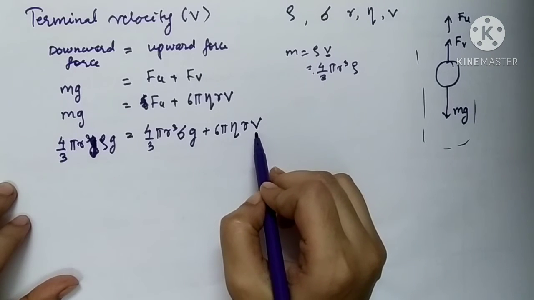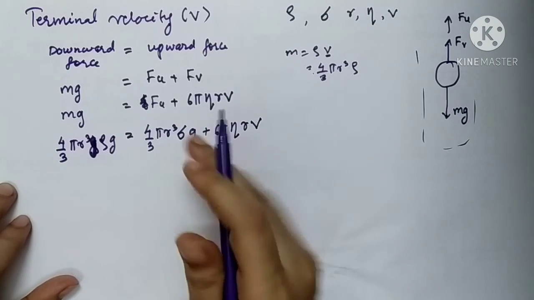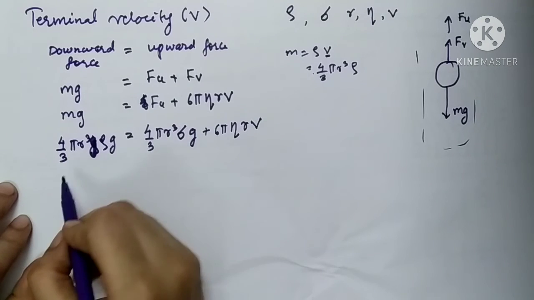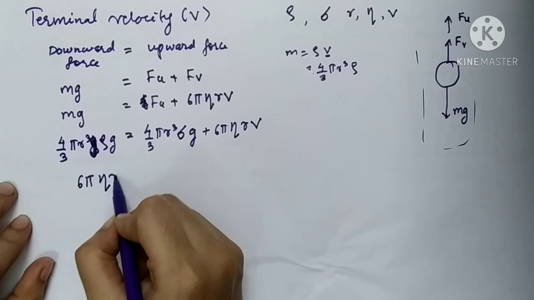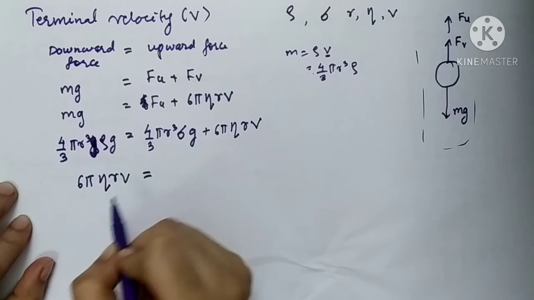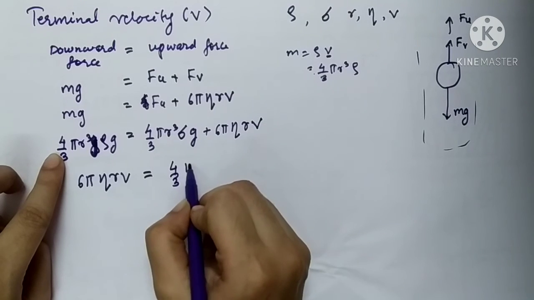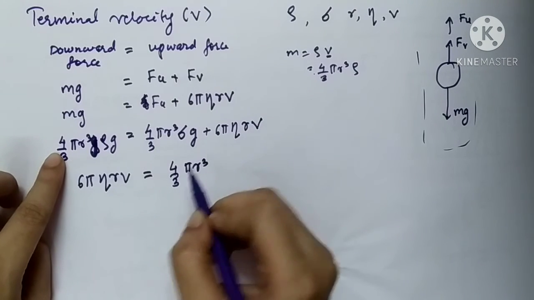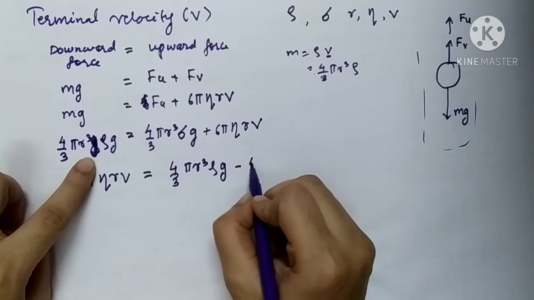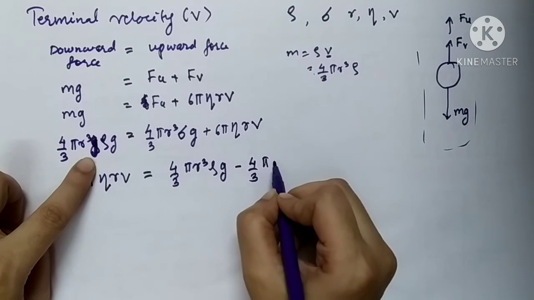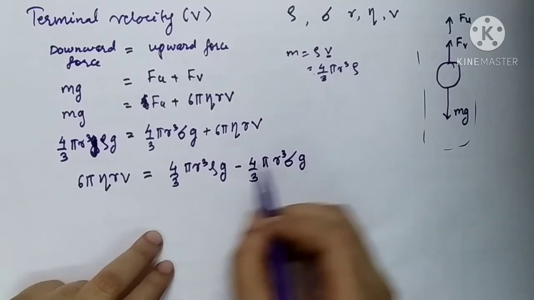Now we'll have to find out the formula for v. So keep this term here only, taking this term to that side, we'll be getting 6 pi eta r into v is equal to 4 by 3 pi r cube rho into g minus 4 by 3 pi r cube sigma into g.